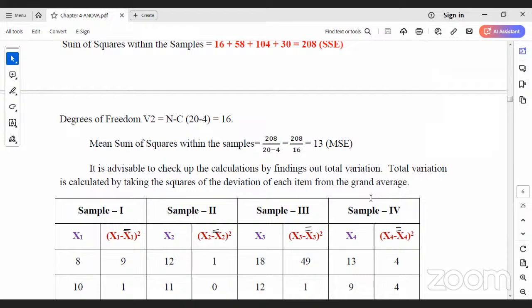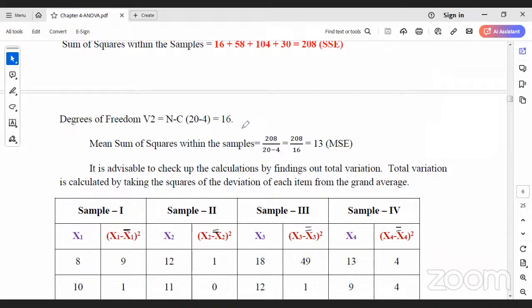How many columns are there? 4 columns. 20 minus 4 is equal to 16. Then the mean sum of squares within the samples is 208 divided by 20 minus 4, 208 divided by 16. So that is 13. MSE is equal to 13.